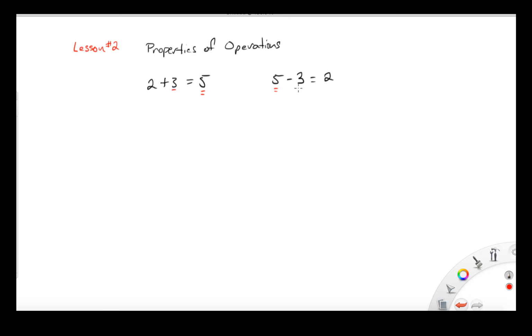There's a 5, there's a 3, and then there is a 2. So on this side we have the property of addition. In this problem we have subtraction. You see how this works, right? Addition and subtraction.